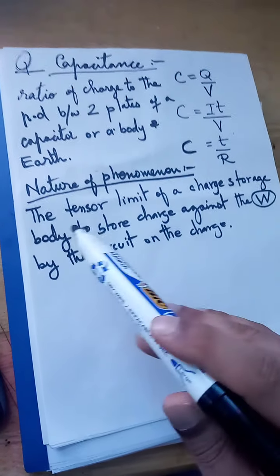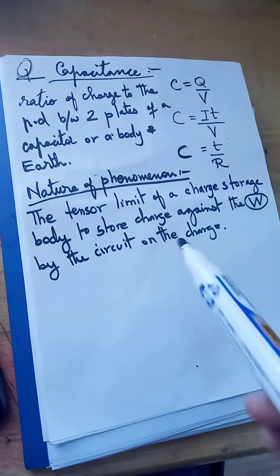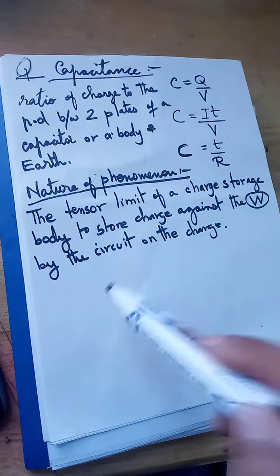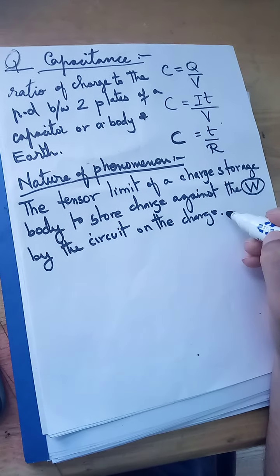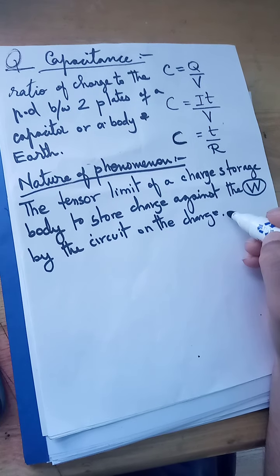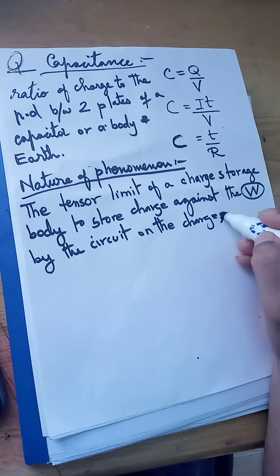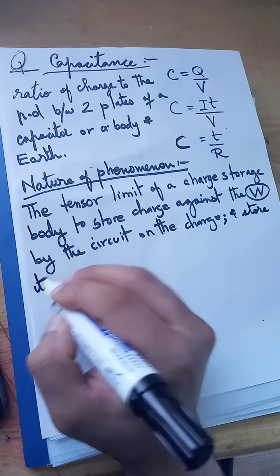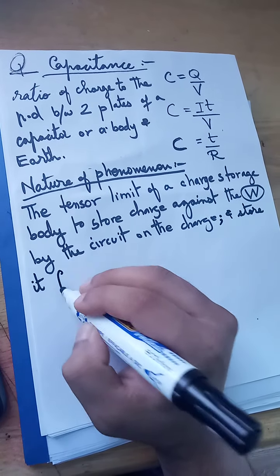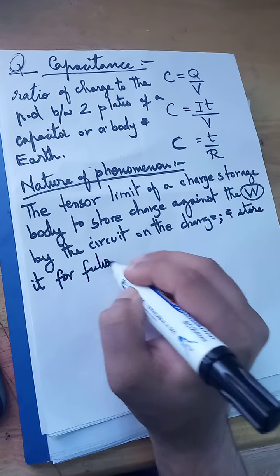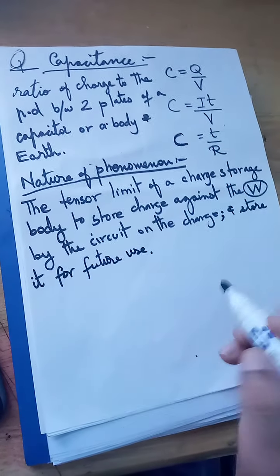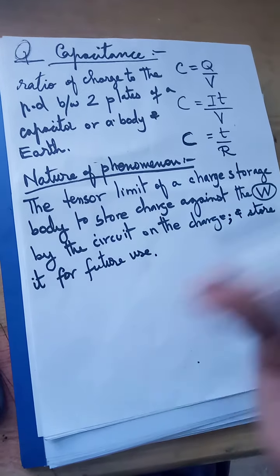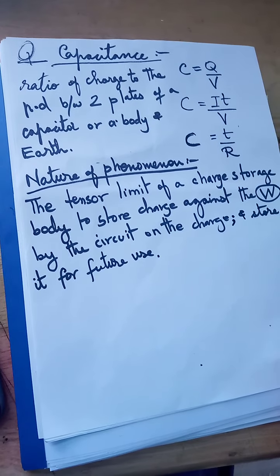It doesn't want it to stop somewhere, but the capacitor is working against the work done by the circuit on the charge to store that charge and store it for future use. However, this is not perfect. This is far from perfect, and capacitors have a tendency to leak over time.